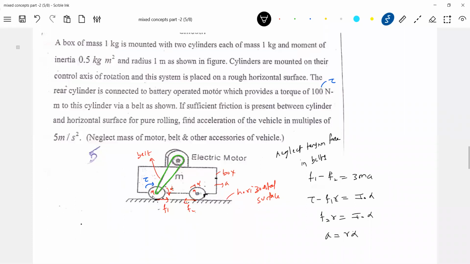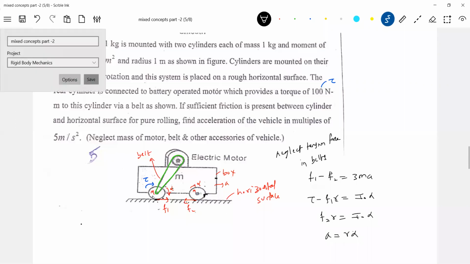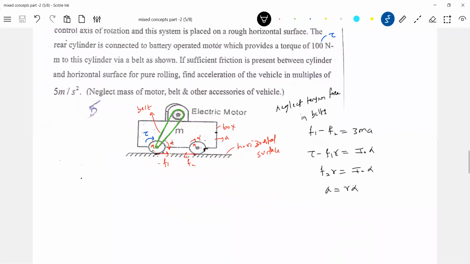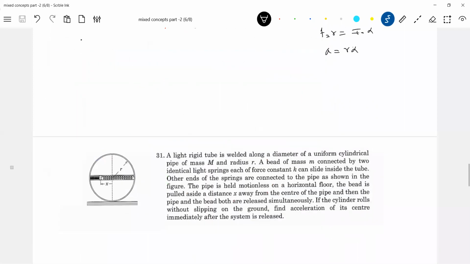Similarly, if a torque acts on the front cylinder, you can go for a generalized case like this. Definitely they may ask you a conceptual question. If this is a vehicle, the vehicle will be either front wheel driven or back wheel driven.